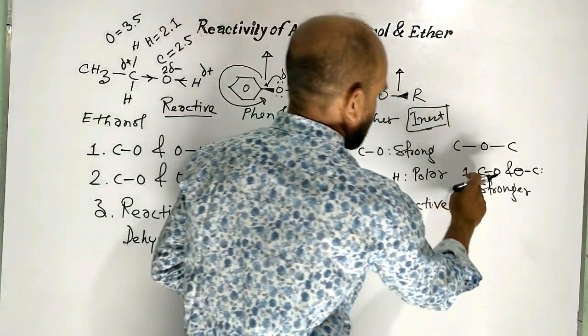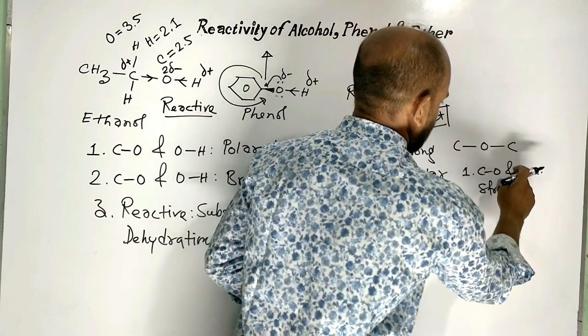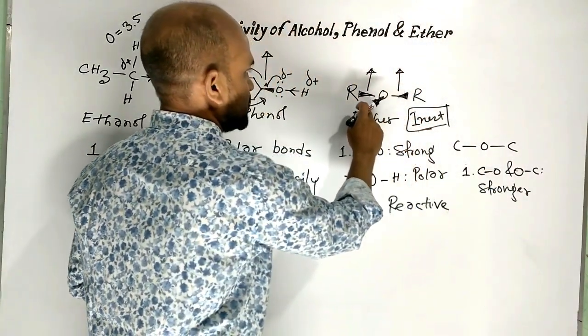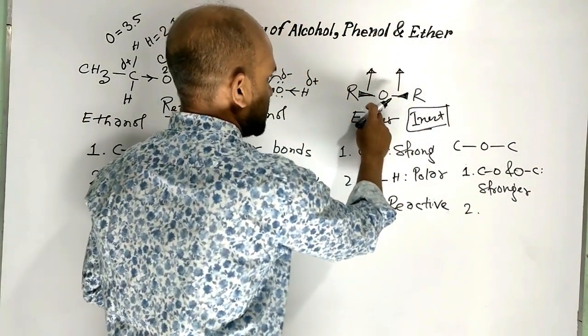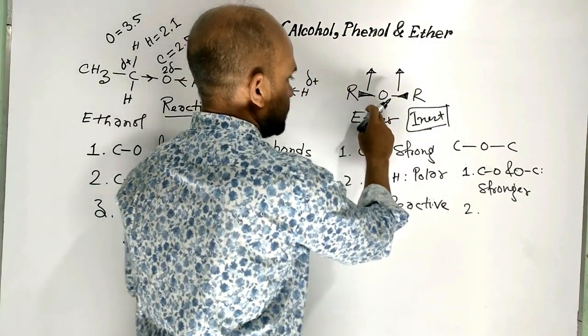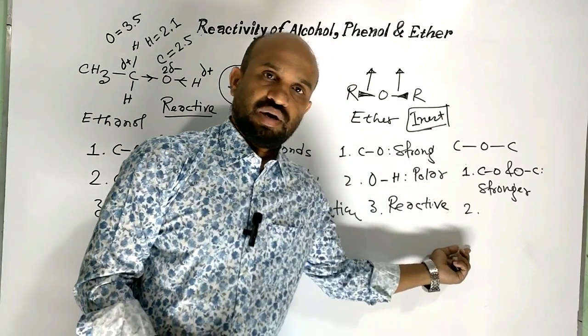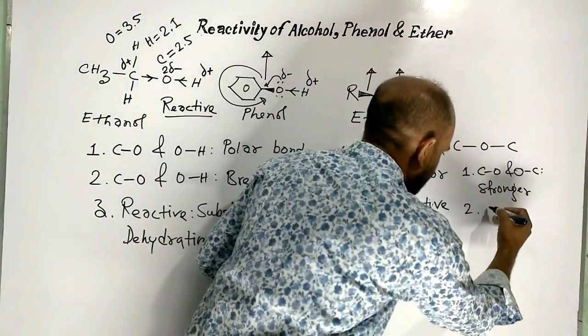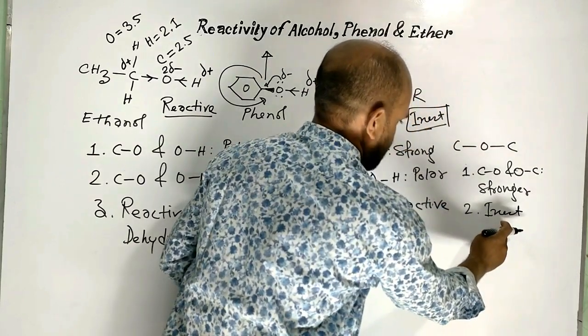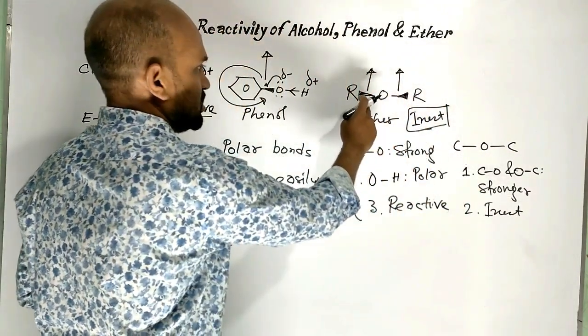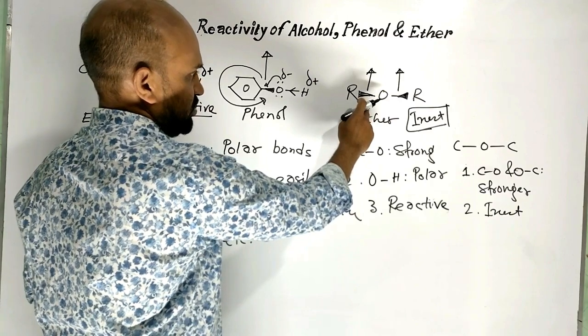Ultimately, carbon oxygen and oxygen carbon bonds become stronger, that is, ethereal bonds become stronger and the molecule acts as an inert molecule. No polarity, no reactive molecule.